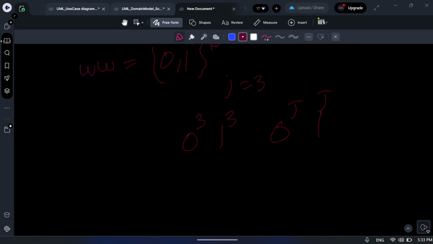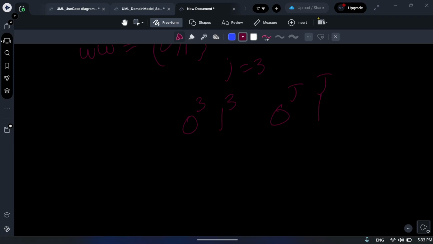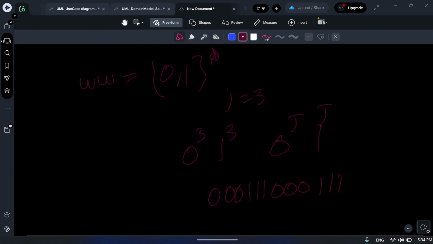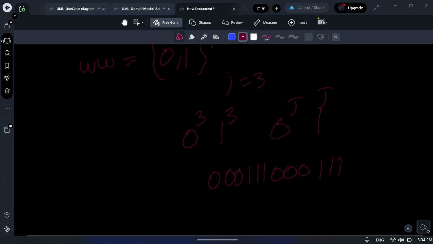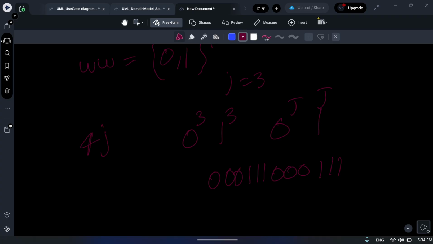So our full string word becomes 1, 2, 3, 1, 2, 3, 1, 2, 3, 1, 2, 3. And based on that, our length is 4j, equals 12. This is our total length.